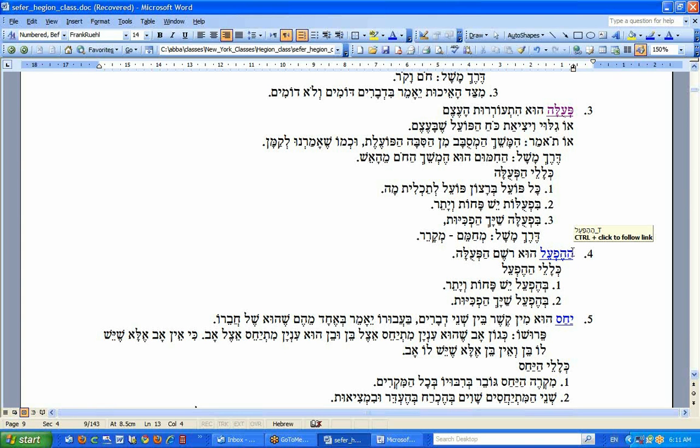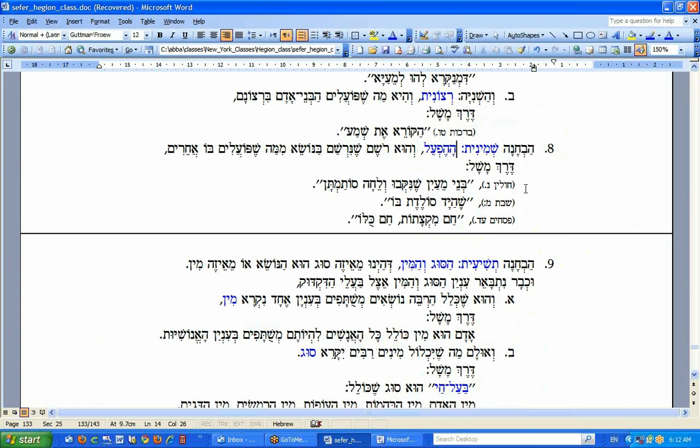I'm sorry, the hefel is the roshem of the pula, and if you remember, that's why I'm switching back and forth to tunos here. The hefel he gave examples of: hu roshem shenir'eh b'nosei yimash poalim bo acherim. It's the impression in the subject that was given by something else.